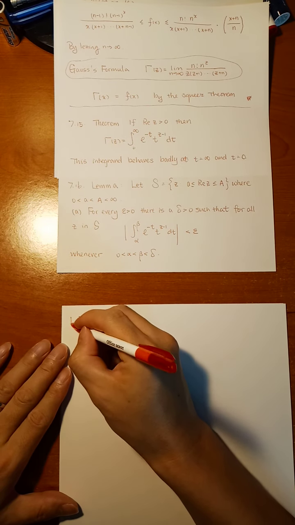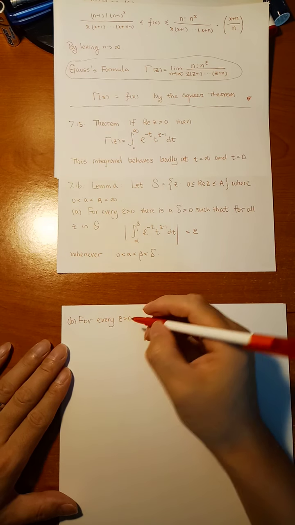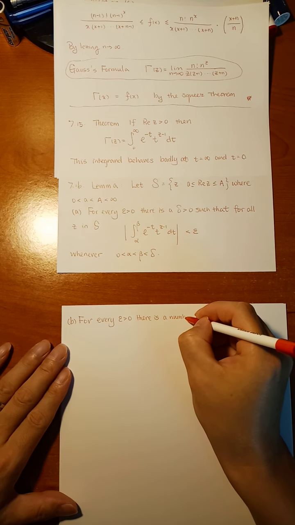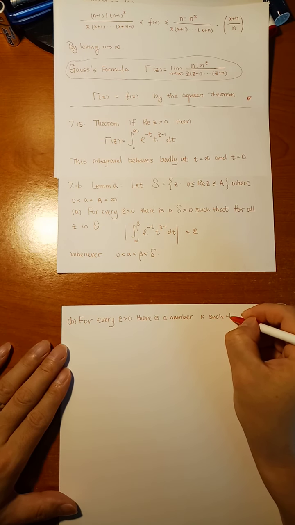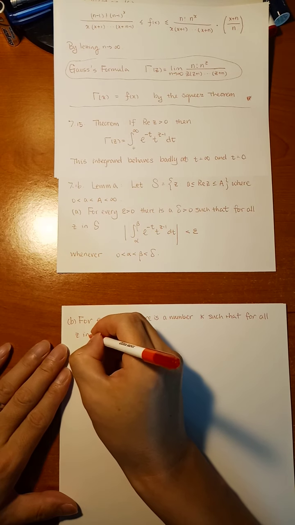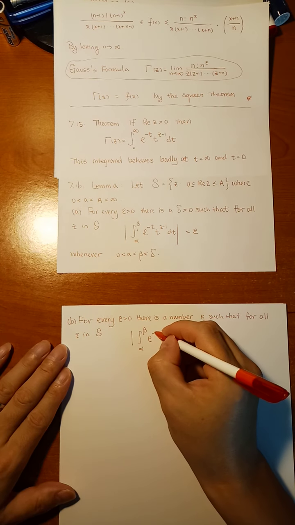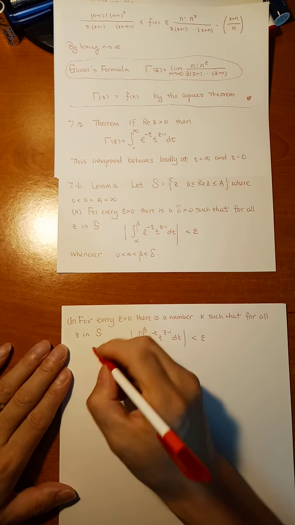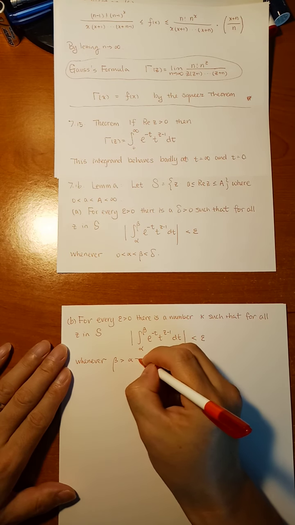This is part B. For every epsilon greater than 0, there is a number k such that for all z in S, the absolute value of the integral from alpha to beta of e to negative t times t to z minus 1 dt is less than epsilon whenever beta is greater than alpha greater than k.